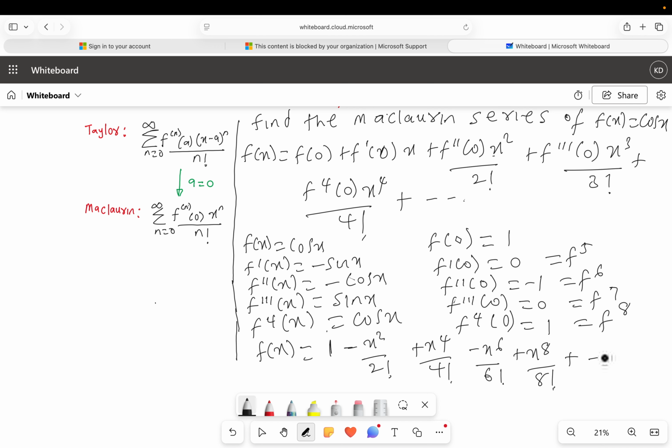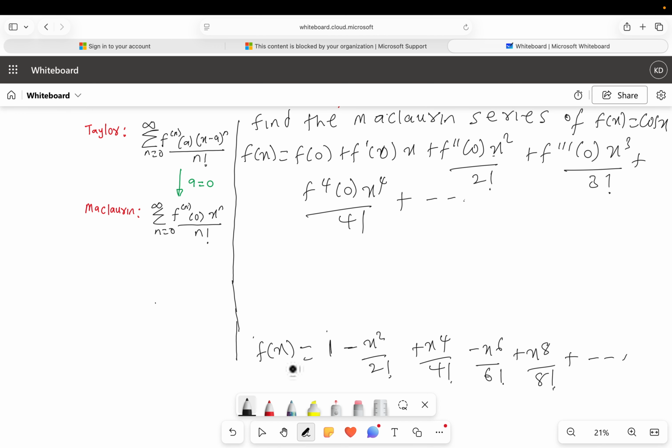That is how it will keep on moving up to infinity. You can see that the series also has a pattern. It also has a switch of sign from positive to negative, and the powers increase by 2. It starts with x to power 0, then x to power 2. So basically, I can also write it in form of summation to infinity because it moves up to infinity.